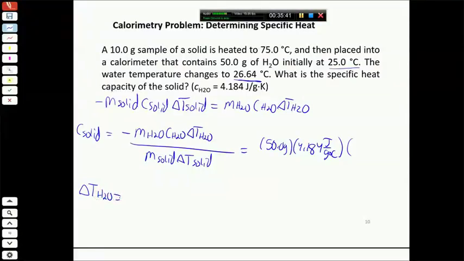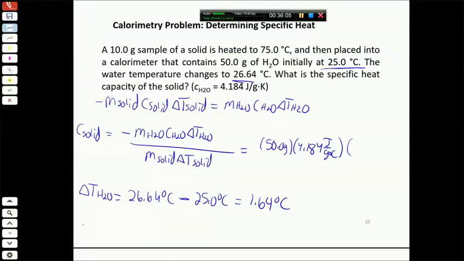It's always going to be final minus initial. The final temperature of the water is whatever the final temperature of both things is, 26.64 degrees Celsius. And then the initial temperature for the water, as was said in the problem, is 25 degrees Celsius. So delta T for the water is 1.64 degrees Celsius, or 1.64 Kelvin, however you want to think about it.